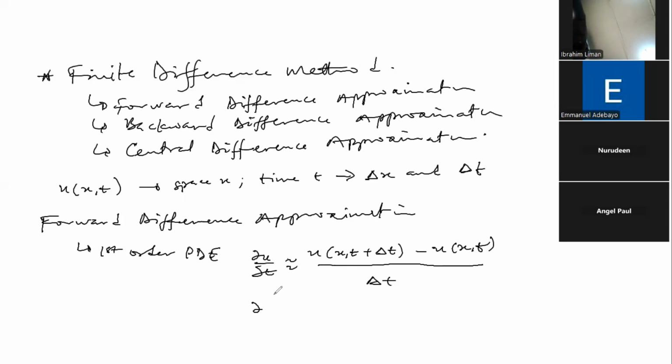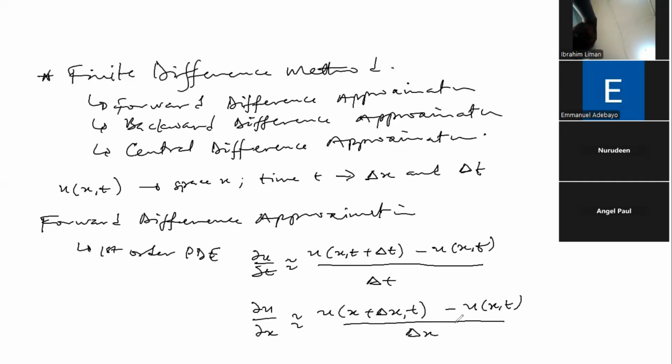And the space derivative, du/dx, will be approximately u(x+dx, t) minus u(x,t), over dx.